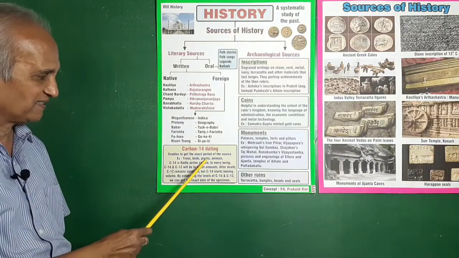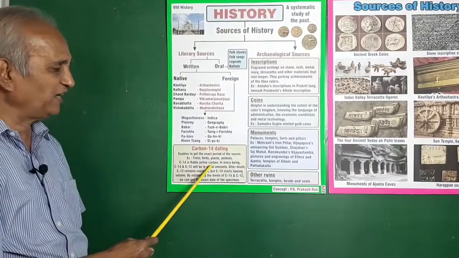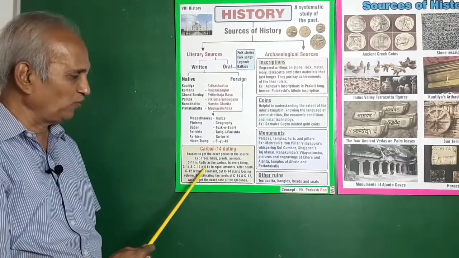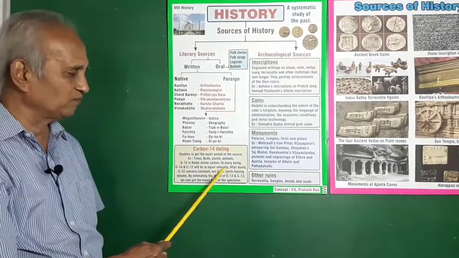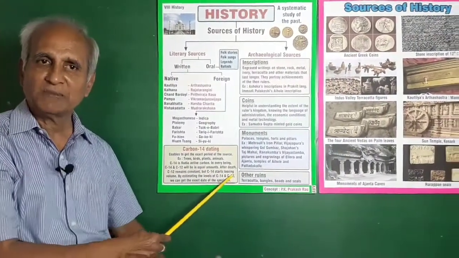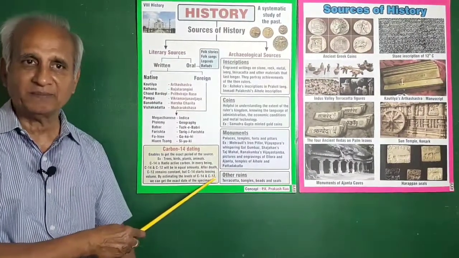Trees, birds, plants, animals. C14 is radioactive carbon. In every being, C14 and C12 will be in equal amounts. After death of the organism, this pertains only to the living organisms as they die.